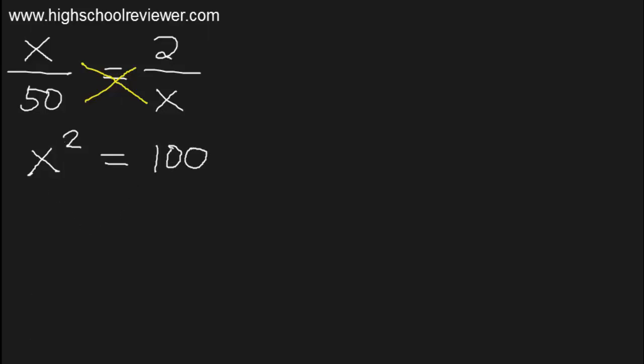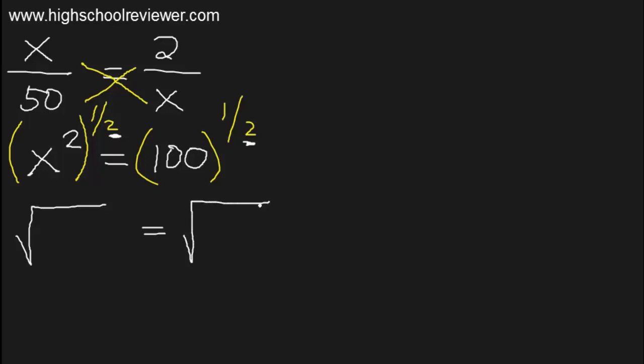To solve for x, we need to extract the square roots. To extract the square roots, we are going to raise both sides of the equation by 1 over 2. Since the denominator is 2, this is equivalent to the square root.